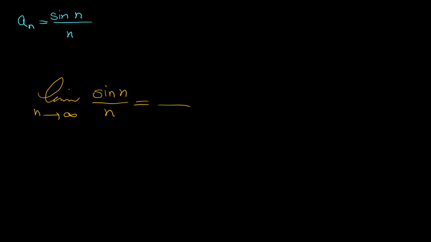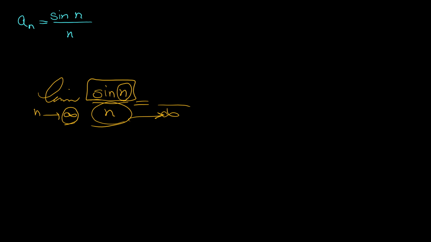The problem that here we have is that denominator is n and n approaches infinity, so the denominator approaches infinity. But for numerator, we have sine of n and n approaches infinity. What is sine at infinity? Sine of n when n approaches infinity is like sine of infinity.